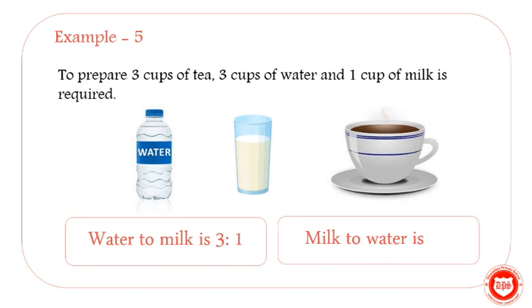But if we are writing milk to water, the ratio is 1:3. But remember that the order is very important. Here it is given 3 cups of water and 1 cup of milk, so the order must be water to milk. So the correct way is 3:1.